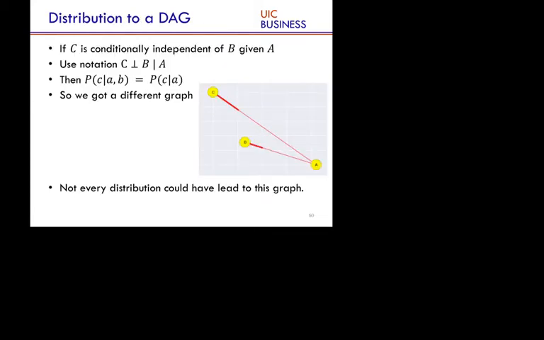Now let's say I want to impose additional information that C is conditionally independent of B given A. So what does it mean in terms of notation? I'm going to use C, this is called the perpendicular symbol.